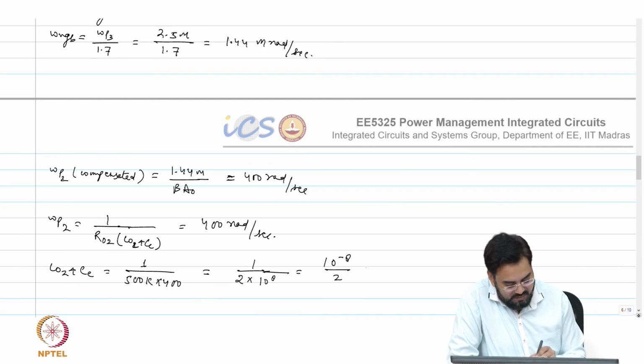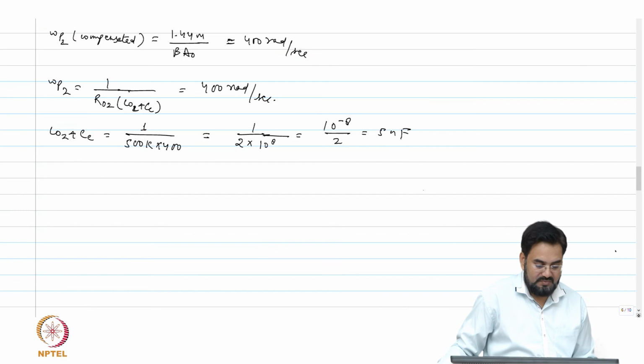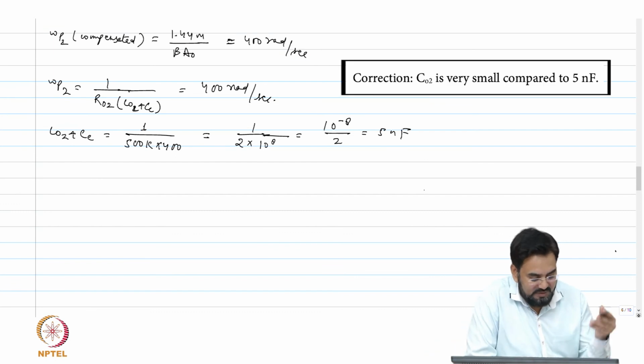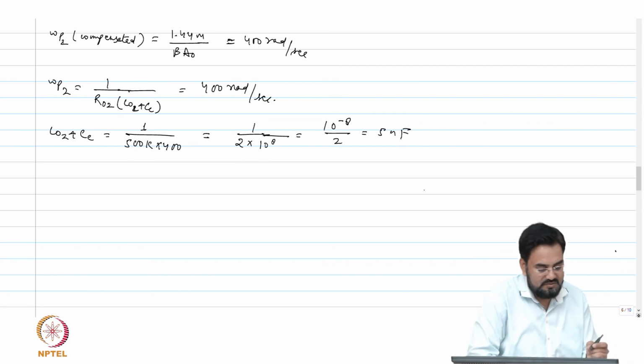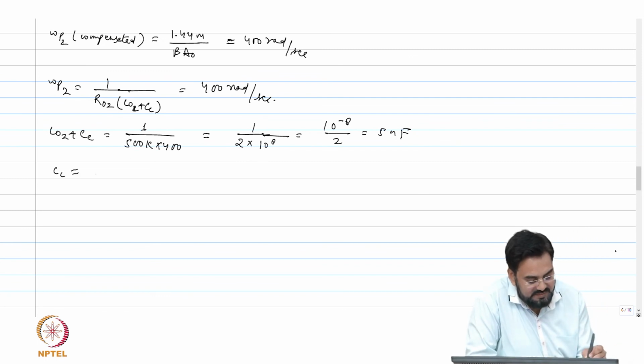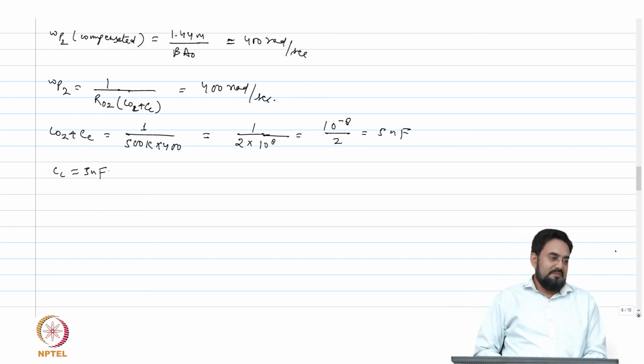Five nanofarad. Again, CO2 is very small compared to nanofarad, so we can ignore it. So CC is approximately 5 nanofarad, which is a very large cap again.